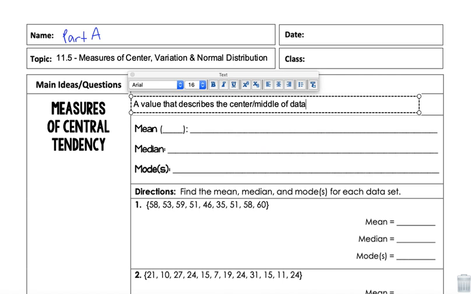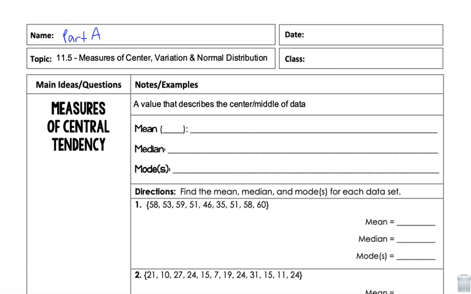And when we are talking about mean, we use this symbol, mu, to represent it. It's kind of like a U with a very long front part.